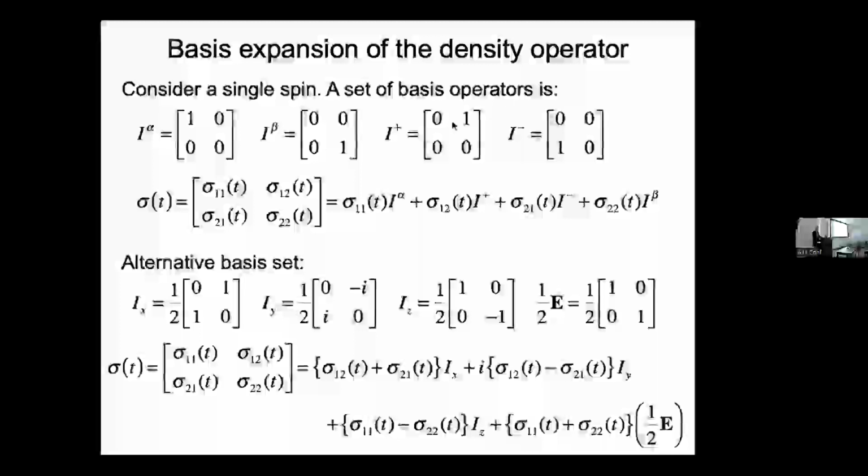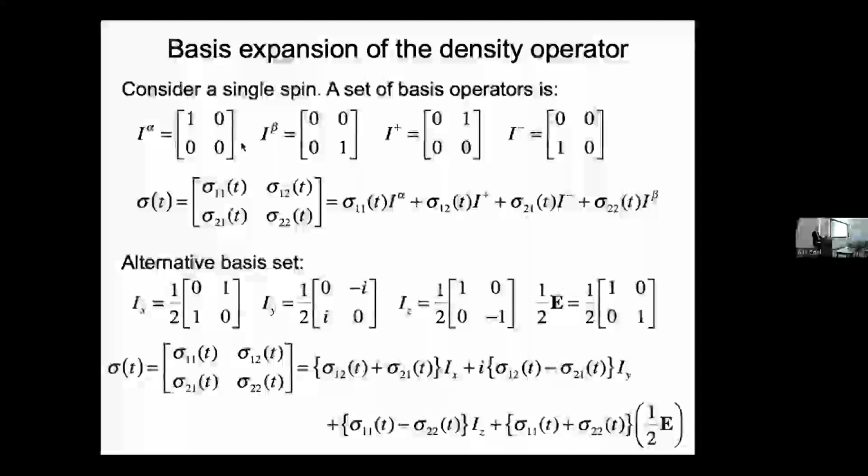I beta is the operator that projects out the part of an arbitrary ket that's proportional to the beta spin state. And if you think about this, this one turns beta into alpha, and in quantum mechanics that's called the raising operator, I plus. It takes beta to alpha. And then this one, if you work it out, takes alpha to beta. It's called the lowering operator and given a minus sign.